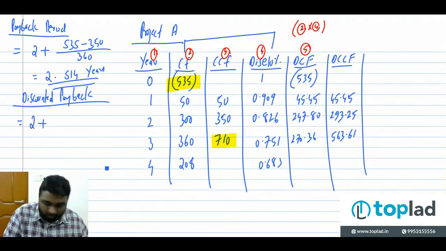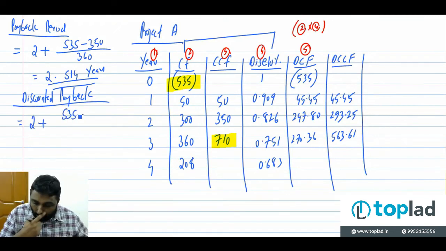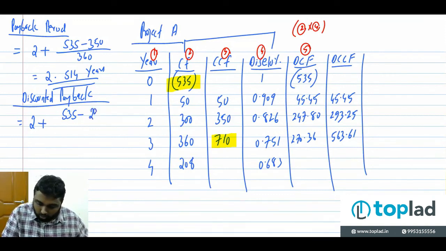So 2 plus. We have to cover 535. We have reached only up to 293.25. In the current year we got 270.36.